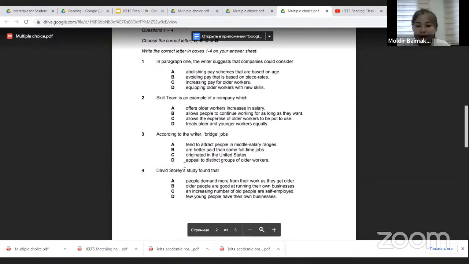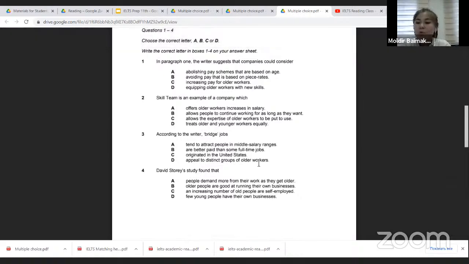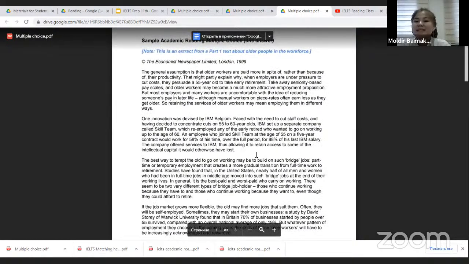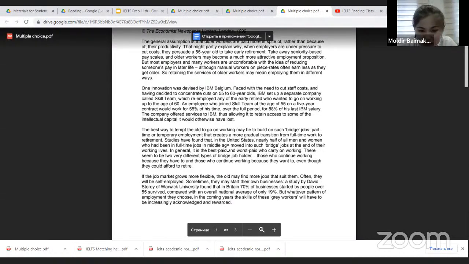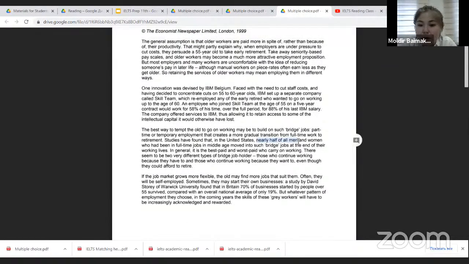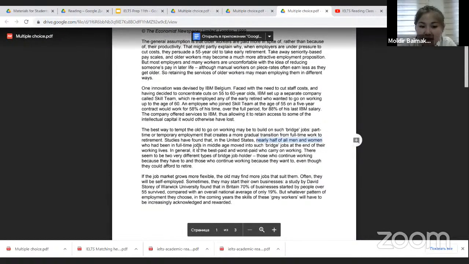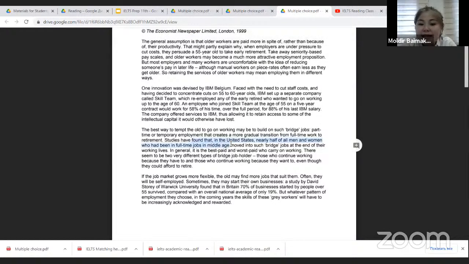So, appeal to distinct groups of older workers. Well, older is not only really old people. Older means after middle age. And look, nearly half of all men and women who had been in full-time jobs in middle age moved into such bridge jobs at the end of their working lives. So when they were in their middle age, they were in full-time jobs, but now they moved to bridge jobs.